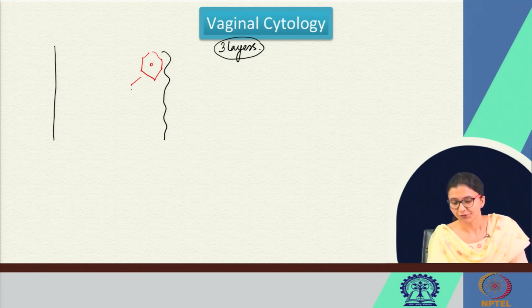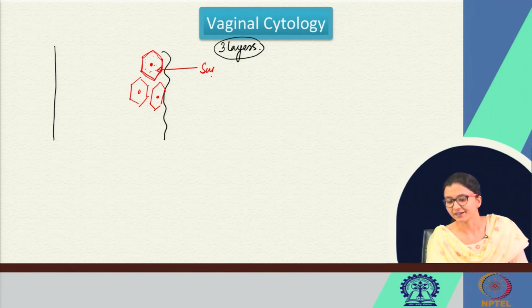These are the superficial epithelial cells. How do we describe them? They are polygonal or hexagonal cells with sharp borders, with pyknotic nucleus, with abundant cytoplasm, and they are basophilic, right? They are superficial cells.